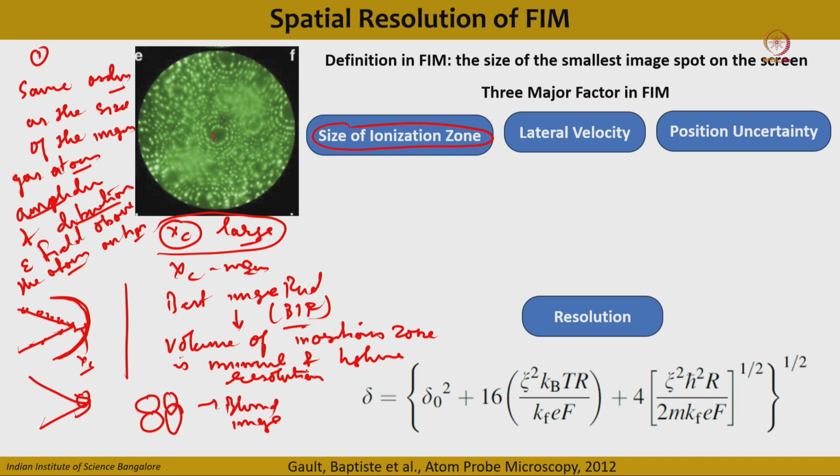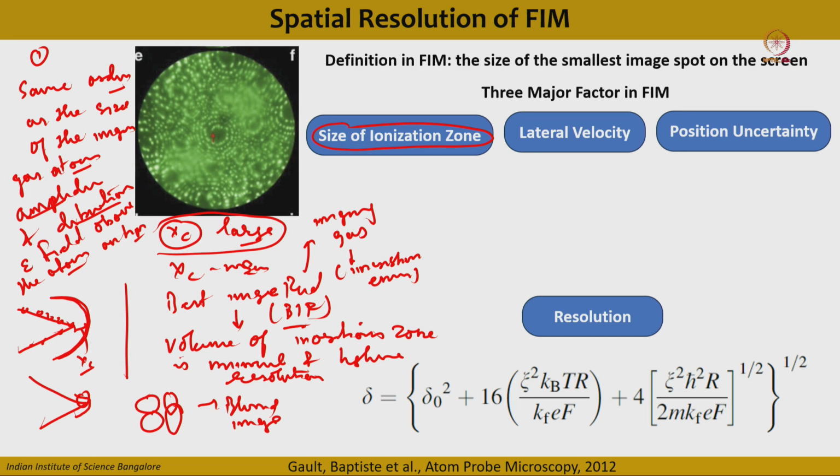This BIF depends directly on the imaging gas, especially the evaporation field or the ionization energy of the imaging gas. Different gases can be used for imaging, and different gases have different BIF values.